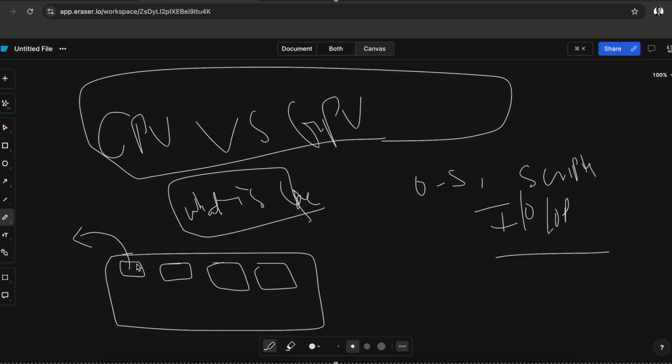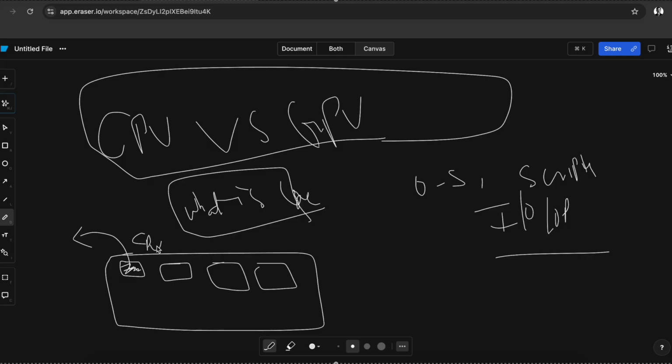Our programs, scripts, input outputs, and the operating system that are running use this core to do the operations. You can think of it as one independent worker inside a CPU. Each core can read the instructions, process them, do the calculations, and move to the next instruction.